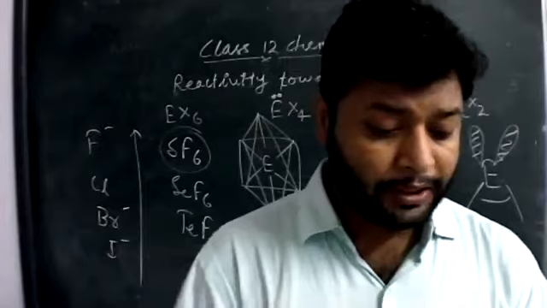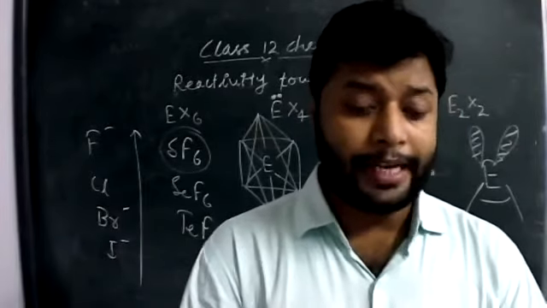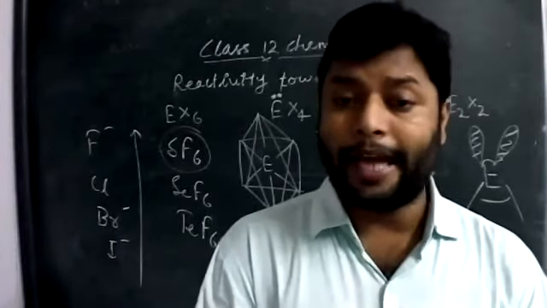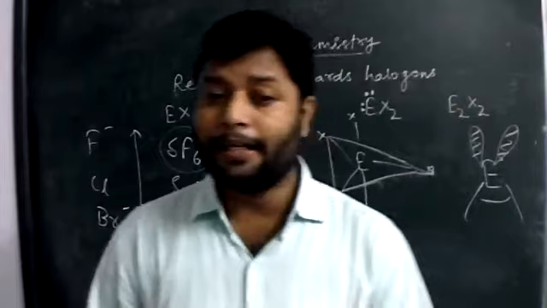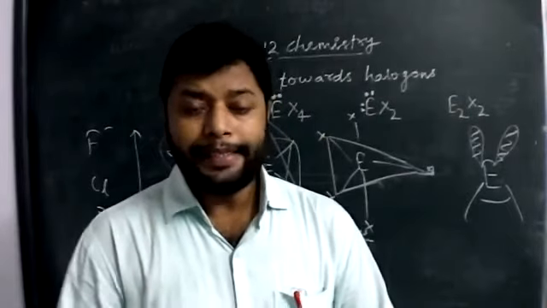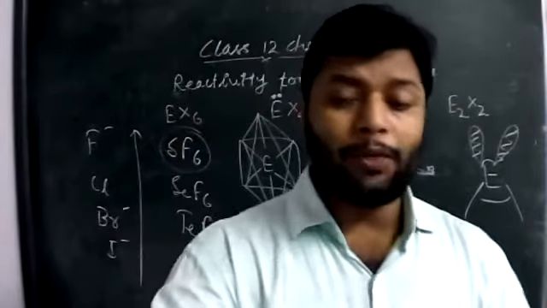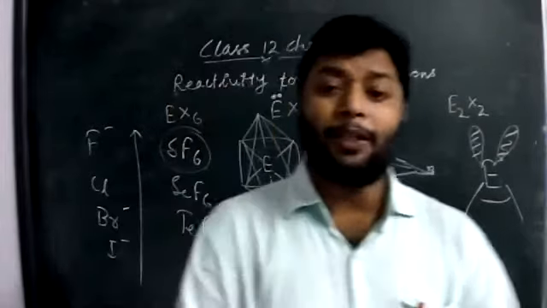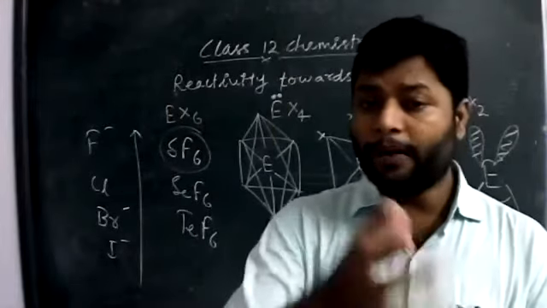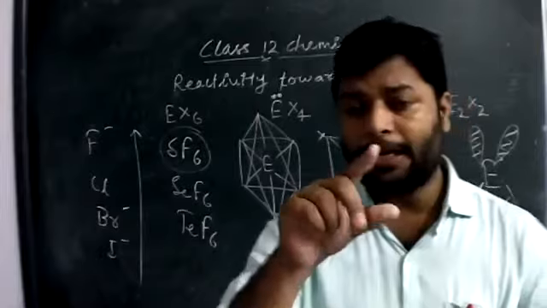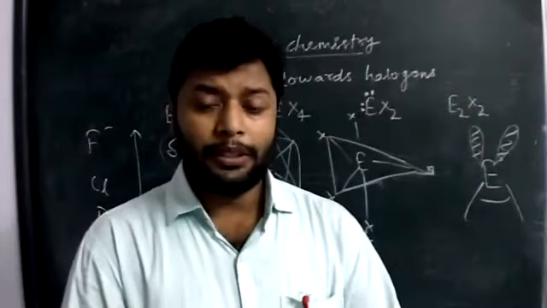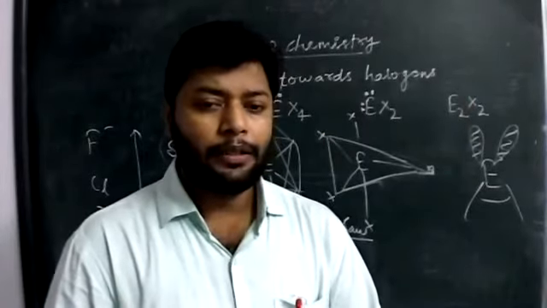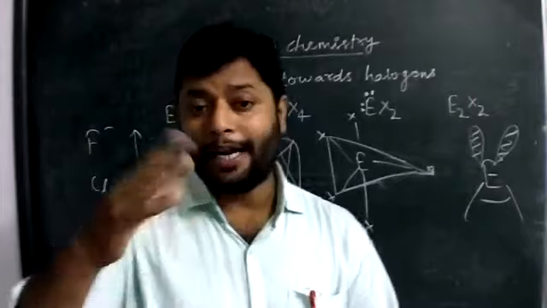Another thing you have to study is the state, as some of the halides are gaseous, some are liquid, and some are solid. State always depends upon the van der Waals force. If you assume that where there is a greater van der Waals force, the state should be solid or liquid.